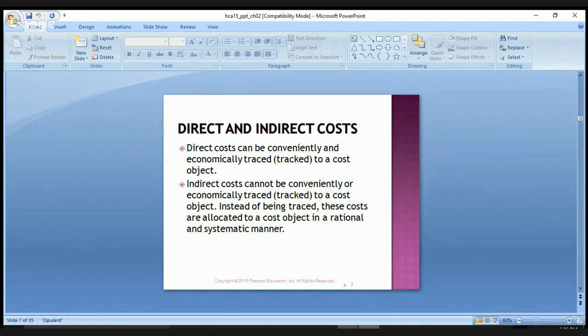Okay? Not economically. That's the key. Economically. So you could probably break it down. I could write down, I started at this time and I ended at this time. But how much time does that take for me to write down every single invoice that I process? That wouldn't make sense. It would be a waste of time, right?